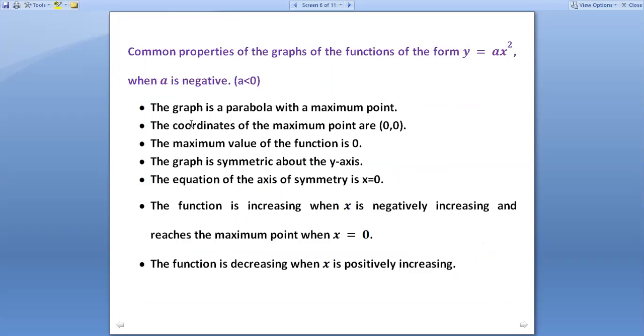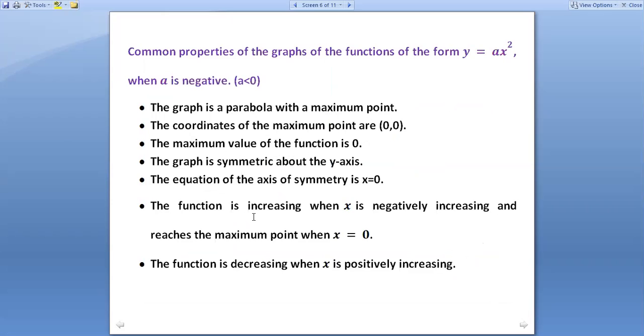So these are the properties that we discussed. The graph is a parabola with a maximum point. The coordinates of the maximum point are 0, 0. The maximum value of the function is 0. The graph is symmetric about the y-axis. The equation of the axis of symmetry is x equals 0. Now look at this point.